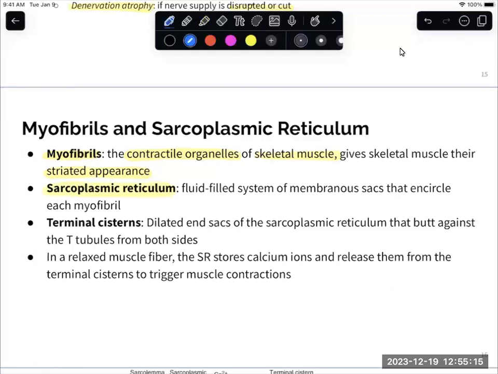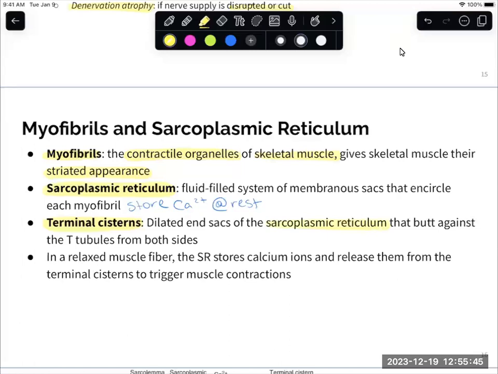This is where we store calcium when our muscles are at rest. Those terminal cisterns that I pointed out are part of that sarcoplasmic reticulum.